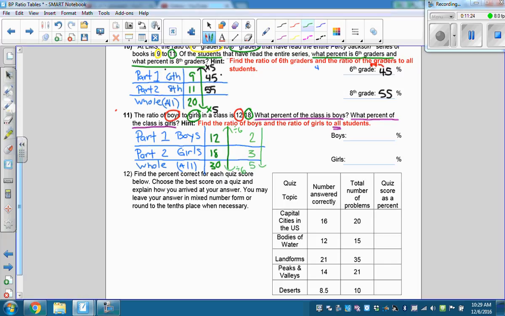And then it's easier to get to 100. So now I can times by 20. So I would have 100, 60, and 40. So 40% are boys, 60% are girls.